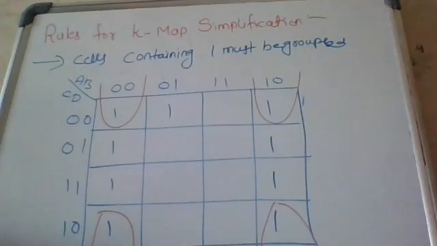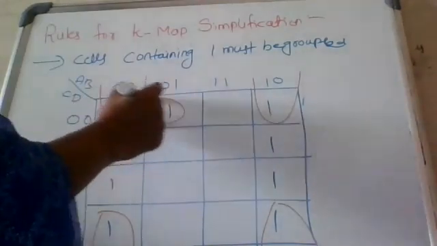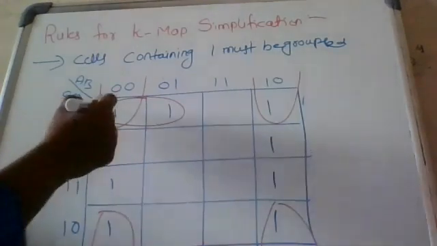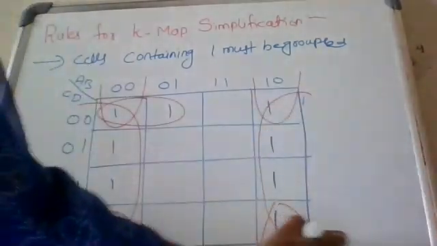Next, if double is possible, then take the double grouping. This one also, this is one grouping. Next, opposite. If opposite grouping is possible, then take opposite groupings.